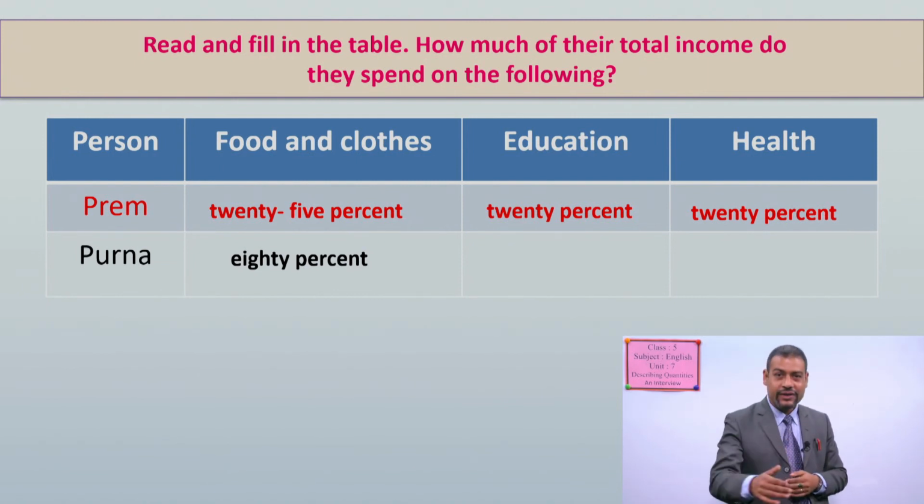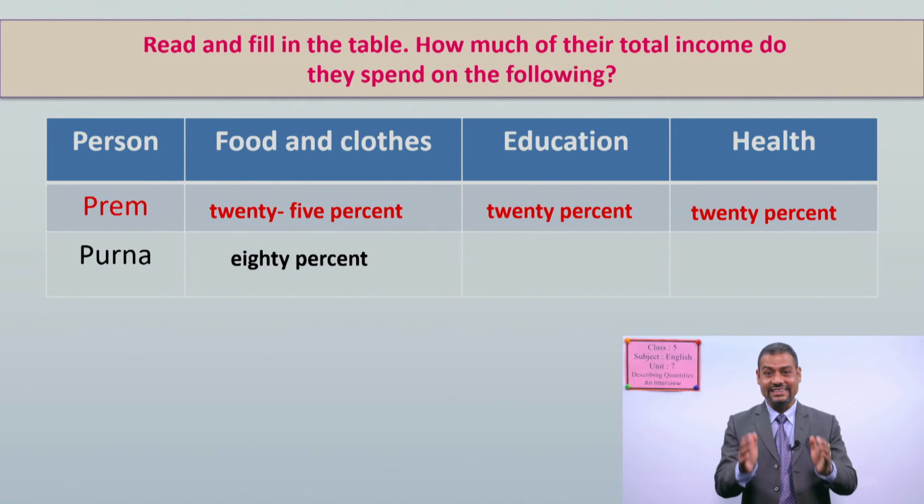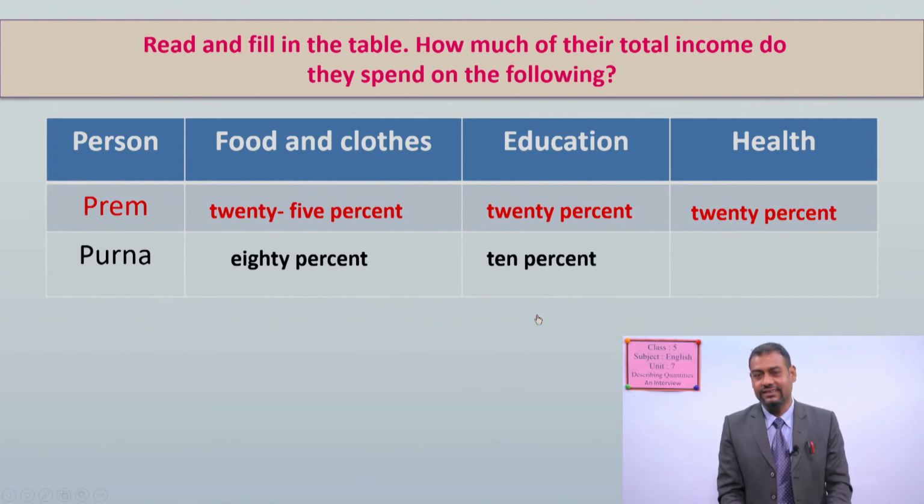Now, likewise, can you find out how much he spends on education? That is 10%. He clearly says in his interview that he spends 10% on education. Likewise, can you tell me how much he spends on health? Yes, that is 10%.